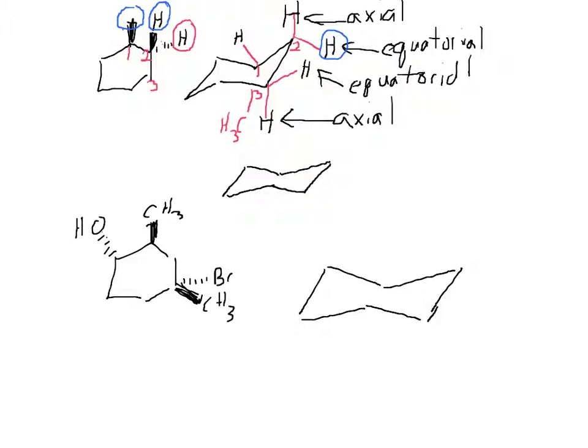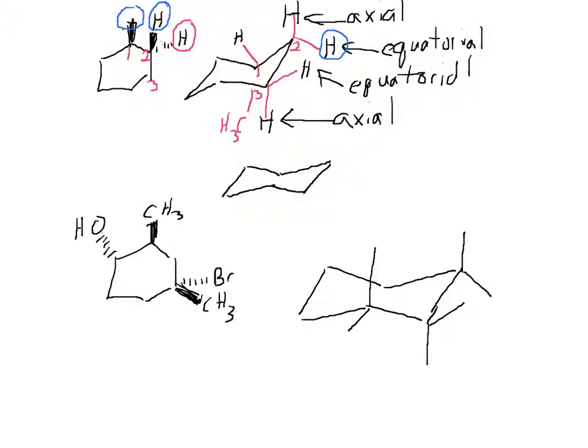The other easy thing I think to do, before we start worrying about where this CH3 is, where this OH is, where these guys are at, is just draw in all these types of bonds, the axial and equatorial bonds. Just start drawing them in. It's good practice. So here, this one's going up, this is going down. Axial, equatorial, axial, equatorial, axial, equatorial.